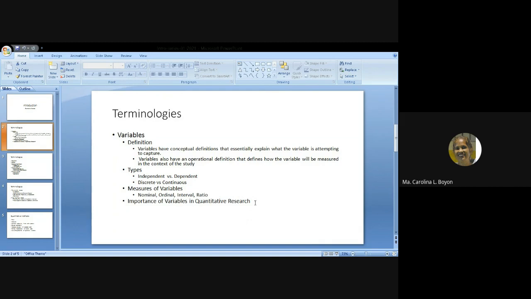But if there is no other way of characterizing or measuring the variable for your study, then you can use the nominal and ordinal scales, understanding that this limits the characterization or the details that one can provide with respect to the behavior of the variable.